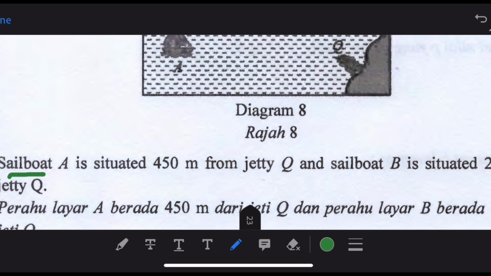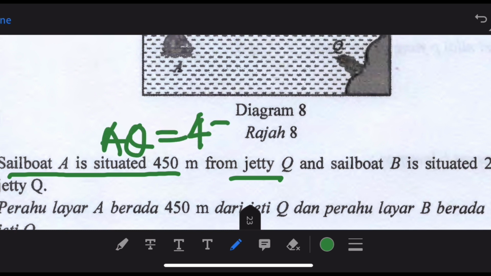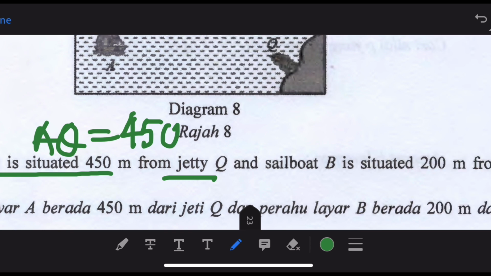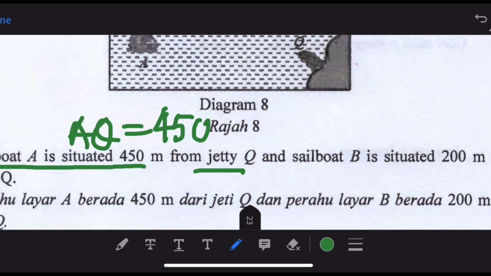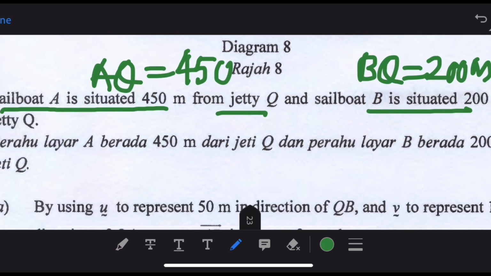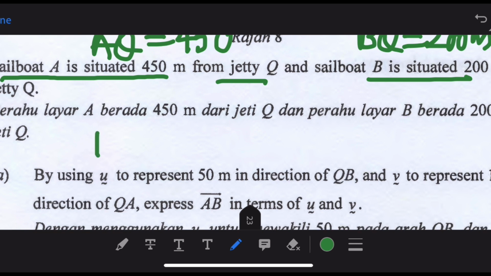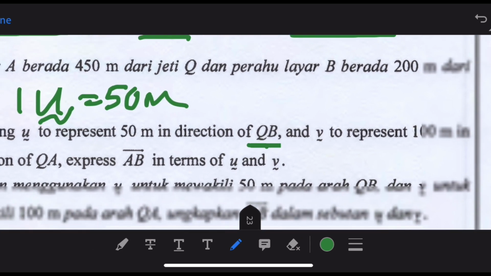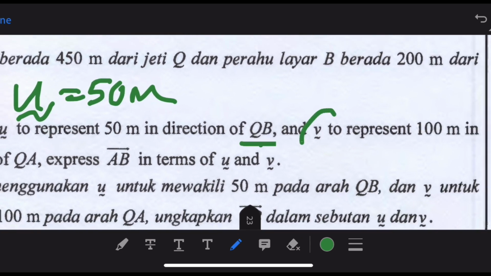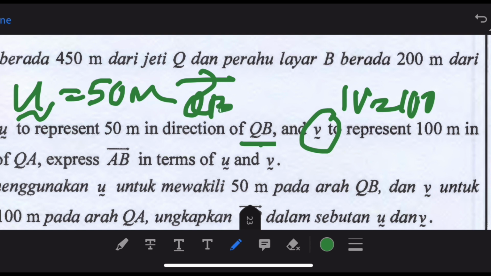Now we need to do some calculation, because the question says the sailboat A is situated 450 meters from jetty Q. So we just read through, then the point B is situated 200 meters from the jetty Q. Now they give you the vector 1u is 50 meters in the direction of QB. So you go to the vector QB and label how many u of your vector, and the other one is 1v, one vector v represents 100 meter.